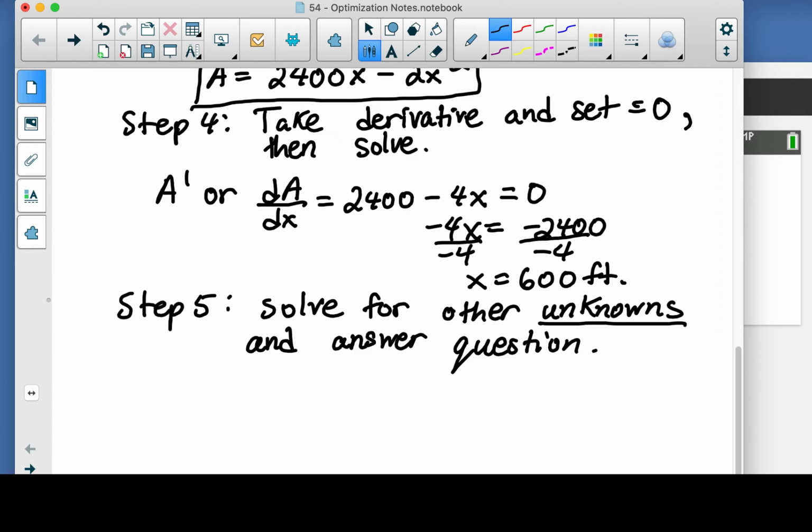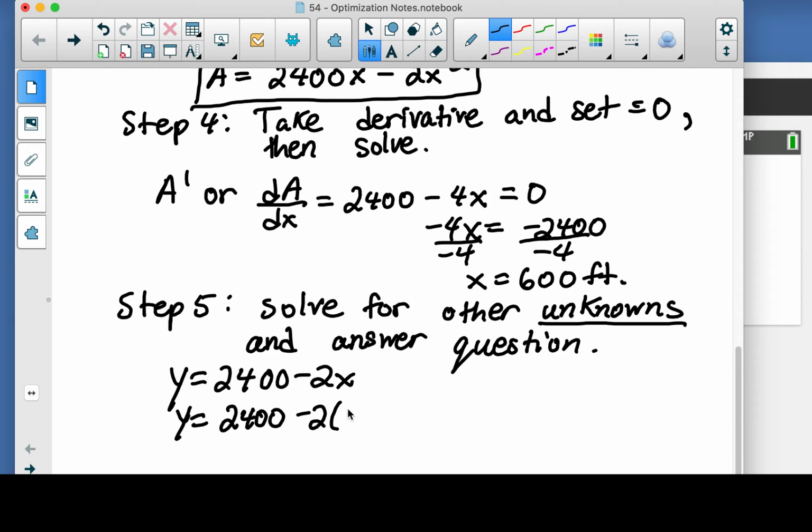We could do a couple different things. We have y equals and we have A equals. If I do the y equals equation from up top, which was the 2400 minus 2x, I can plug my x into there and find my other dimension.